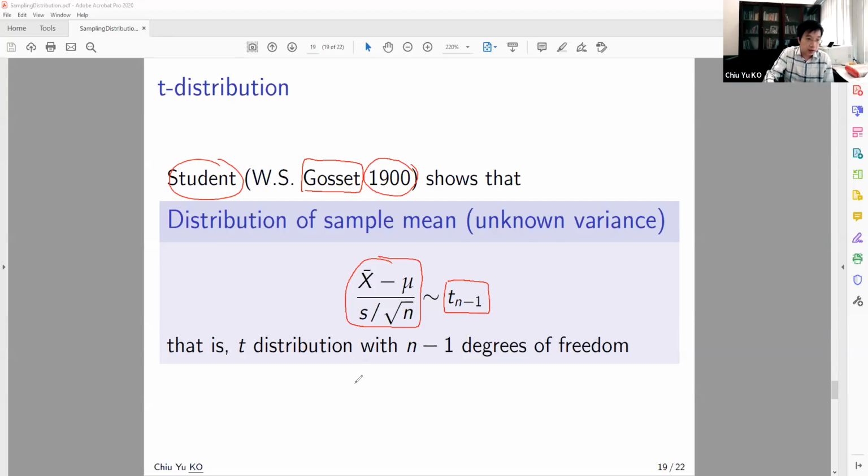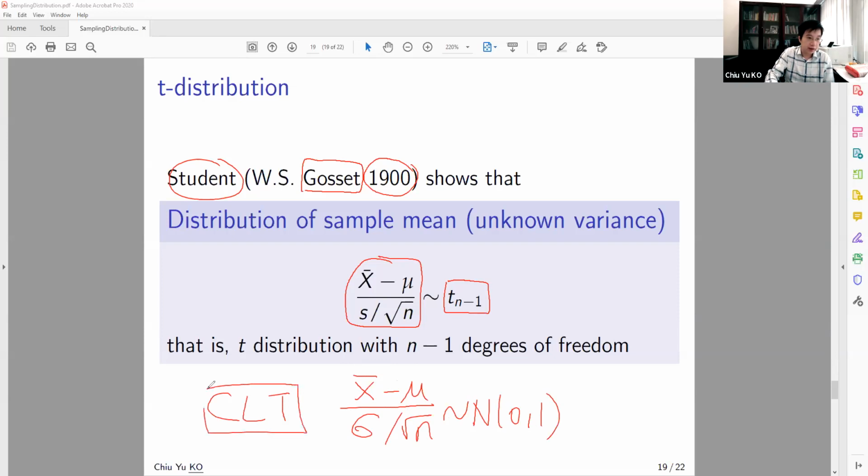So this is the main thing about this chapter, two things. This is N(0,1), from the central limit theorem. This is the main thing we learned today. And the second is that if you replace sigma by S, it will follow a T. Is that clear? This is the single most important thing in this class.